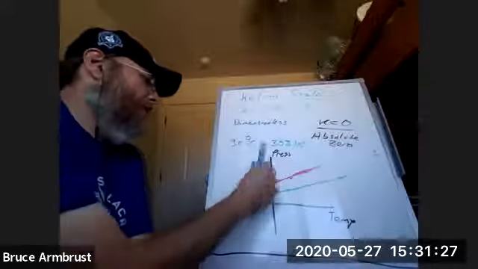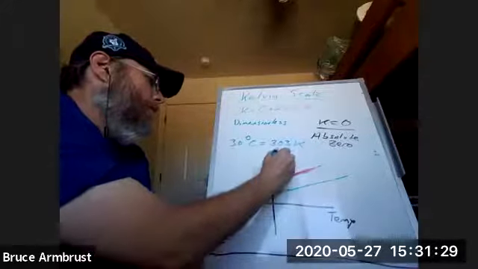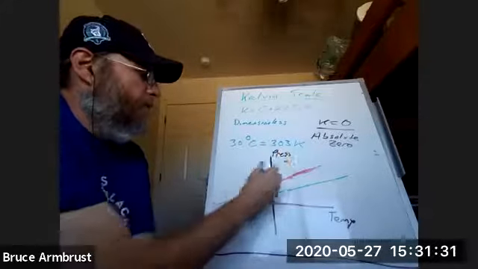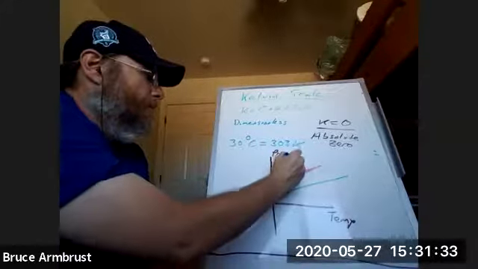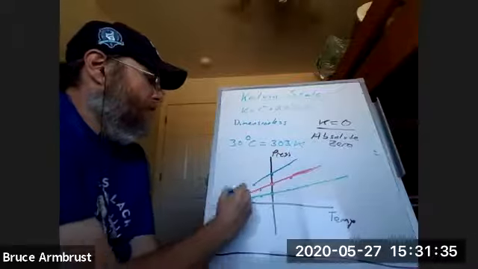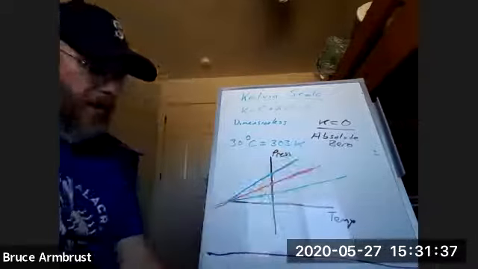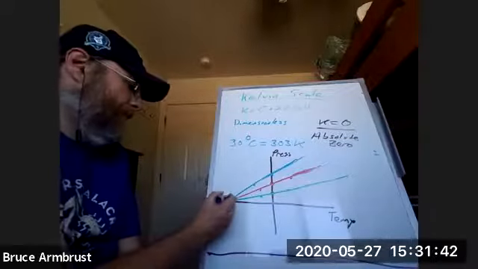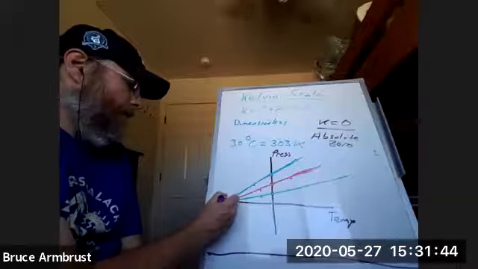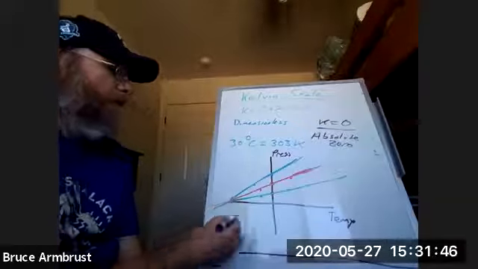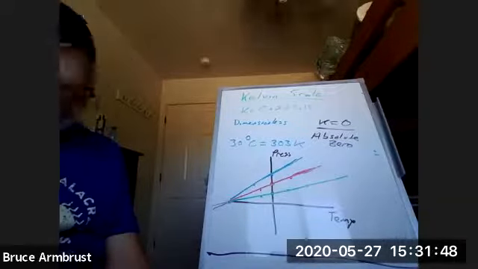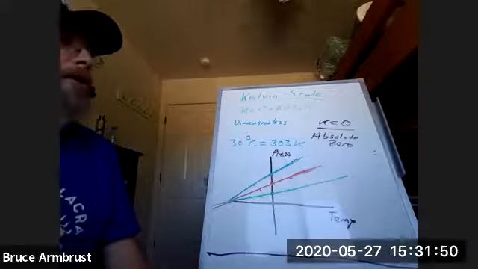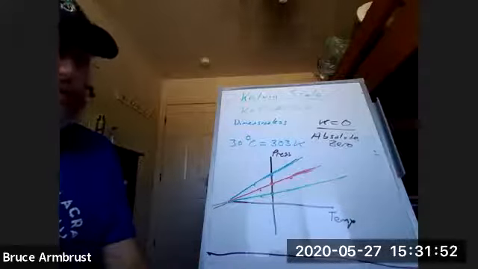And what they found was that all of these pressure lines, if you kind of drew them all together, they all had the same x-intercept. Okay, so there's this one point where this temperature would lead all of them to have 0 pressure.